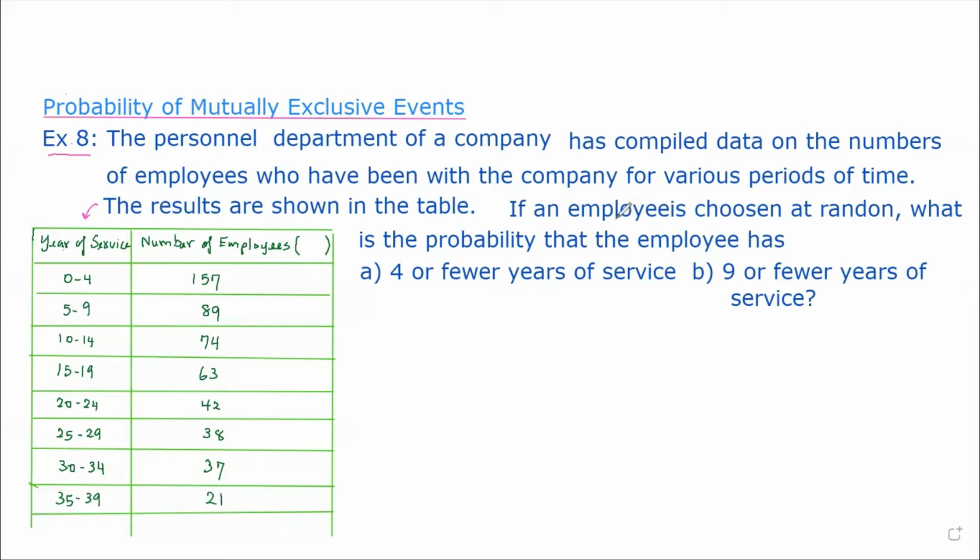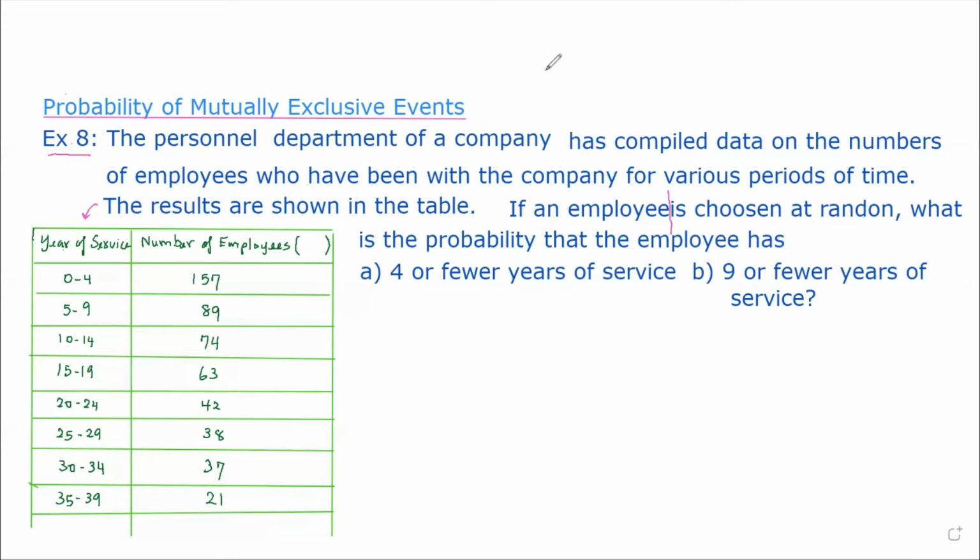If an employee is chosen at random, what is the probability that the employee has A, 4 or fewer years of service, and B, 9 or fewer years of service? This one is really easy, right? I think everyone knows how to get the answer right away, correct?